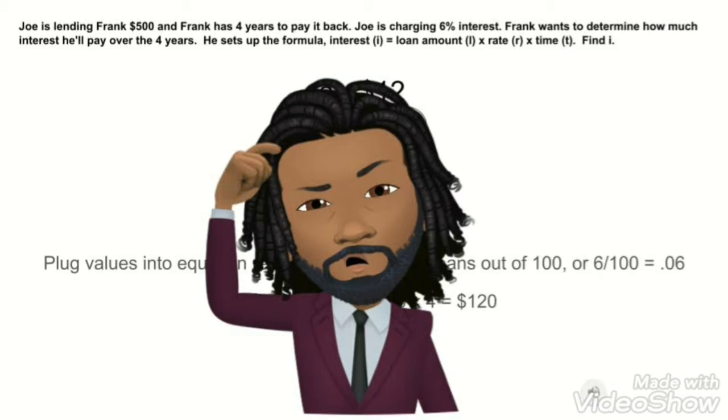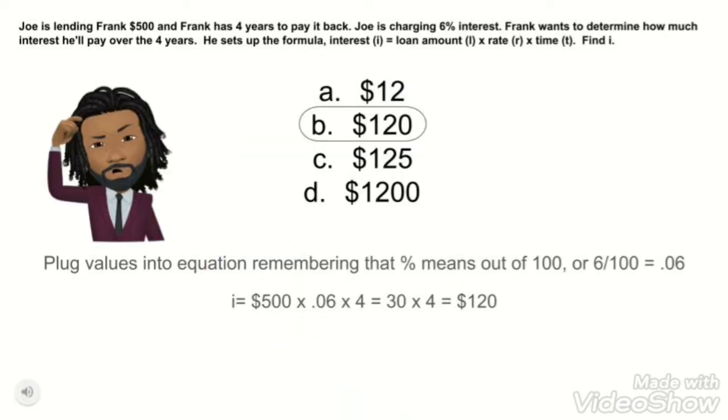And the time is 4 years. So I said, okay, the interest equals the loan, which is 500, times the rate, 0.06, times the time, 4.